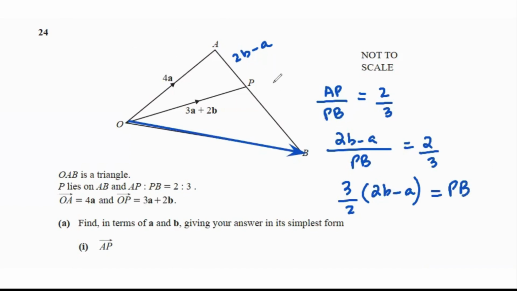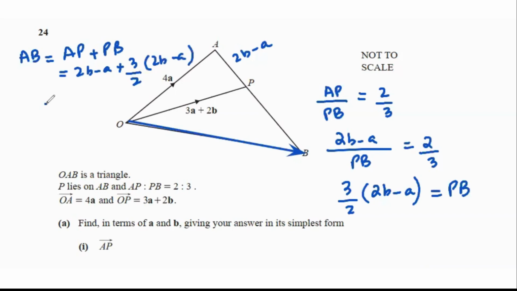Since we have PB, we can say that AB would be AP plus PB, which is 2b minus a plus 3/2 times 2b minus a. That's going to be 4b minus 2a plus 6b minus 3a, and that is 10b minus 5a, over 2.